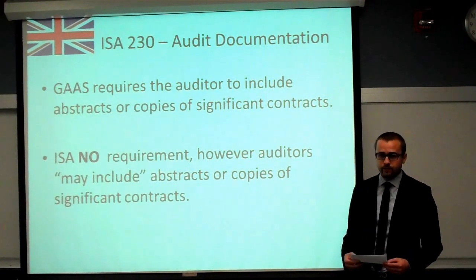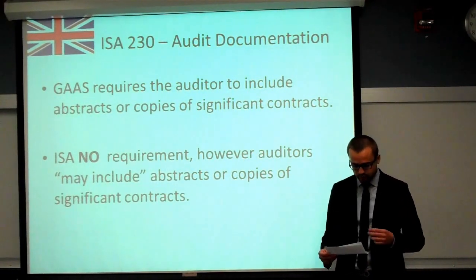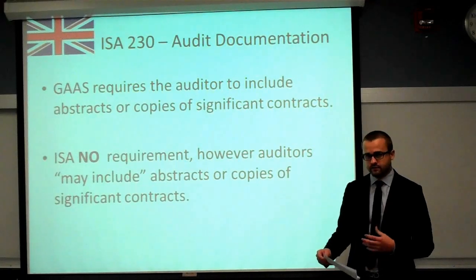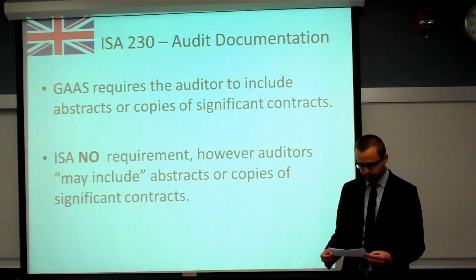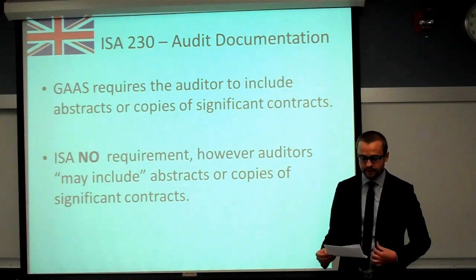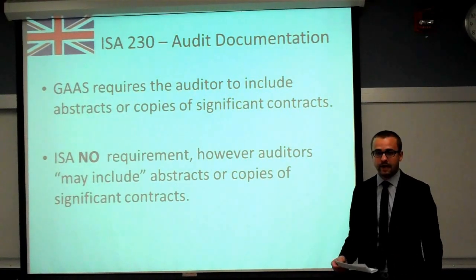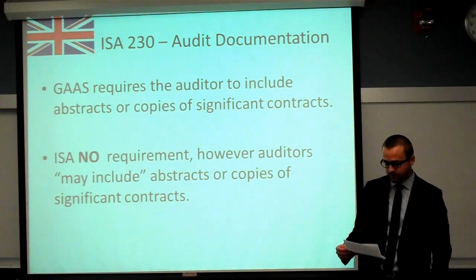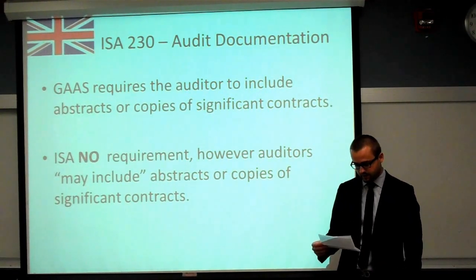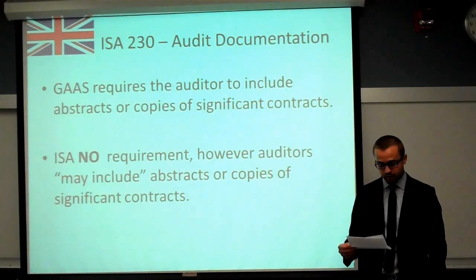So let's talk a little bit about the audit documentation. The audit documentation actually serves several purposes. Obviously, it's required to complete the audit, but it also assists the engagement team to plan and perform the audit. It assists members of the engagement team responsible for supervision to direct and supervise the audit work.